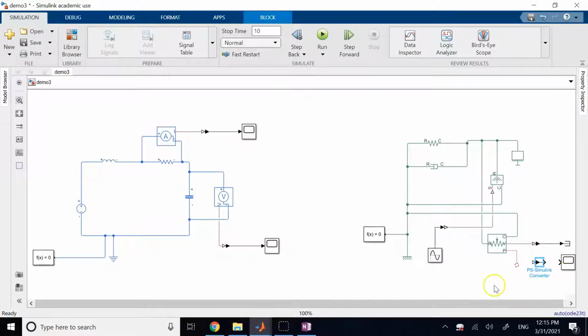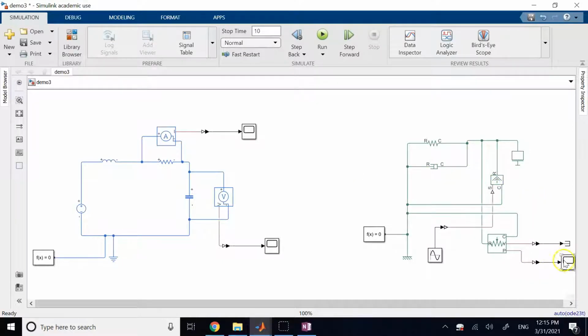Physical system to Simulink converter. So I take my physical signal to it, and then I can connect the output of it to a Simulink block. So I have here, pay attention, the Simulink to PS converter and then PS to Simulink converter. Okay, I'll tell you where to find all of these.